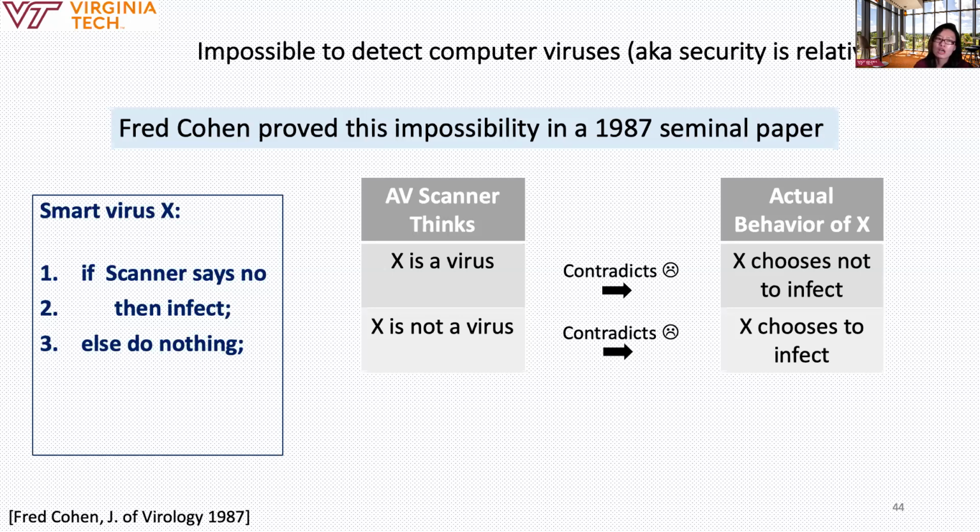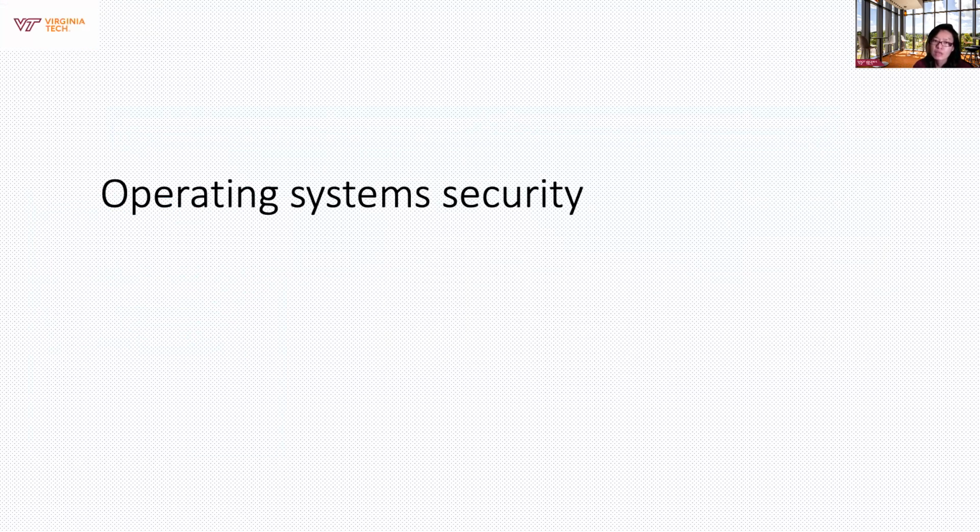So don't say, hey, I have a product that can detect all viruses. Don't even say that. You can try to be as complete as possible, as fast as possible, but you just have to know your limit.